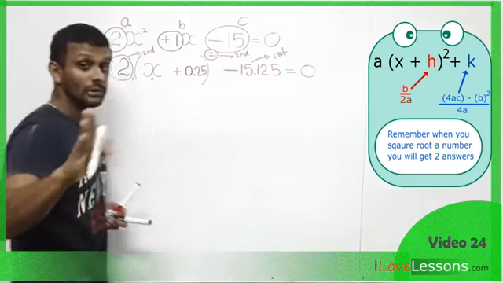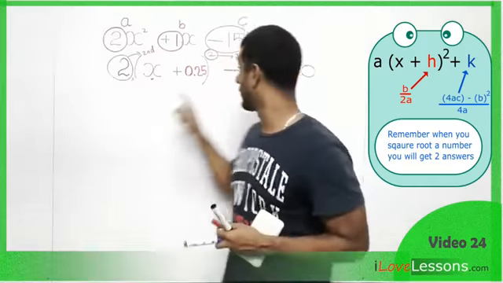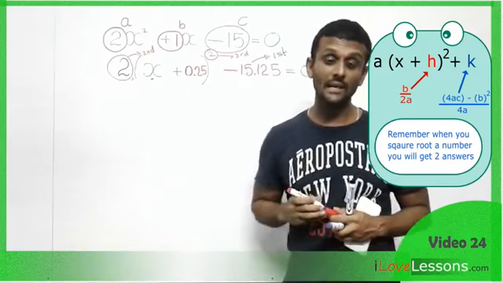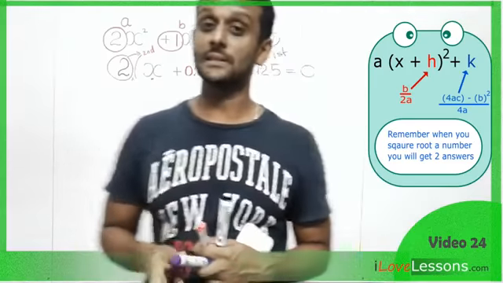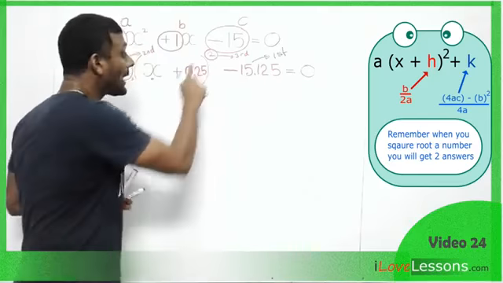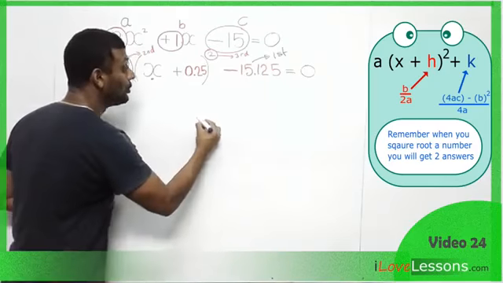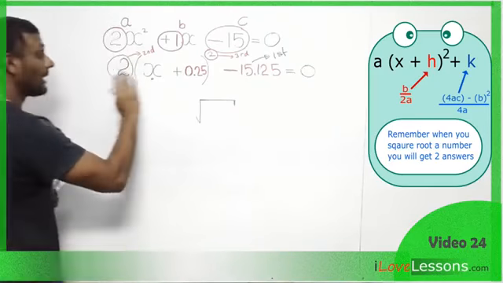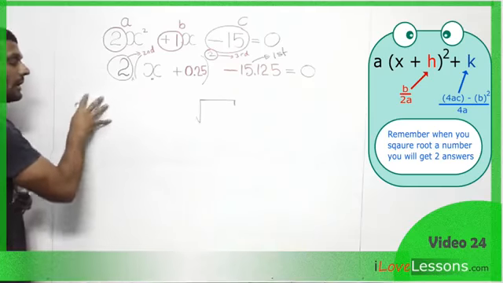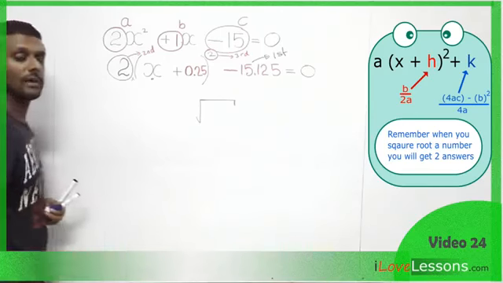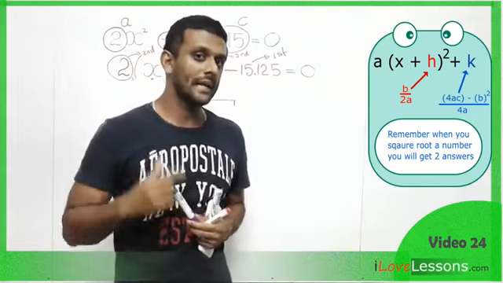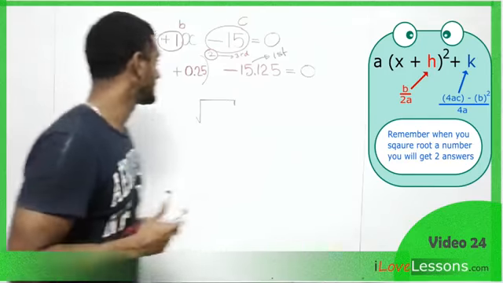And remember the rule is, when you throw across something, once it crosses the equal sign, it will become the opposite. And the opposite of a square is square root. And remember, a few moments ago, I was explaining that when you square root something, you don't get 1 answer, you get 2 answers.